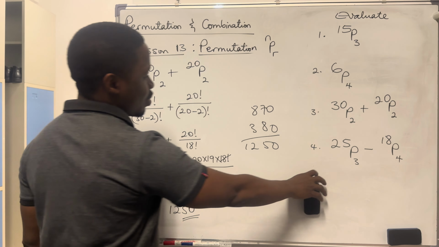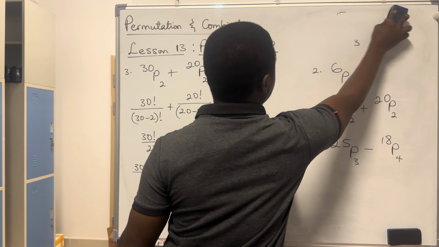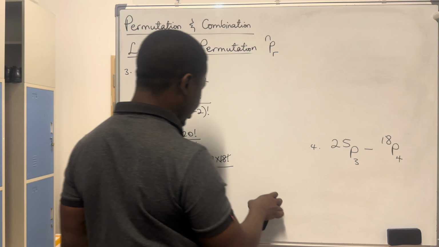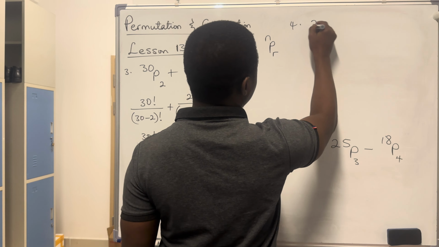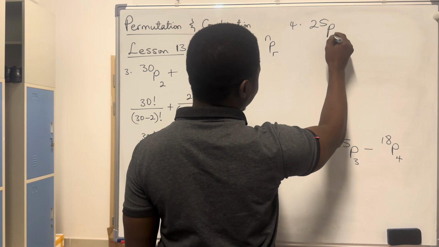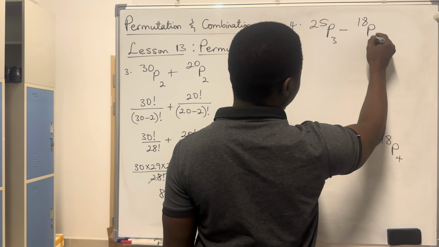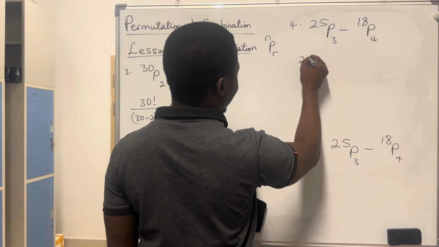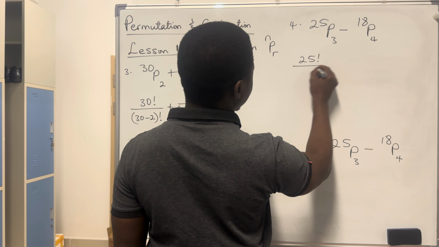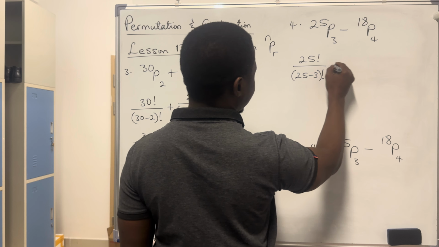Now we need the fourth one, the last one. The fourth one says 25 permutation 3 minus 18 permutation 4. So 25 permutation 3 is 25 factorial over 25 minus 3 factorial, which is 22 factorial.